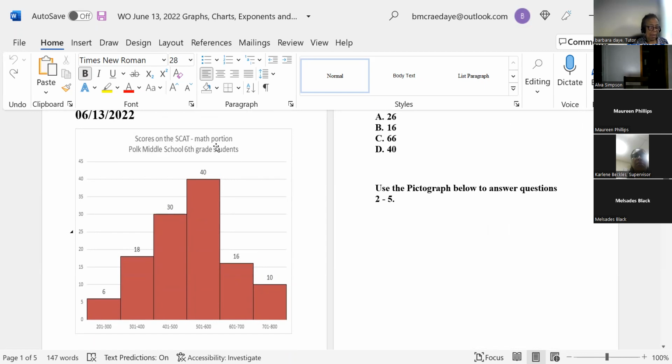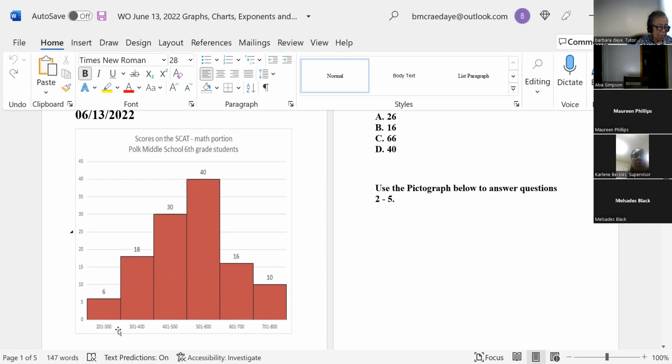On the y axis right here are the number of students in the school that took the test, and it shows where they fall in terms of the range of the SCAT scores, which is on the x axis.